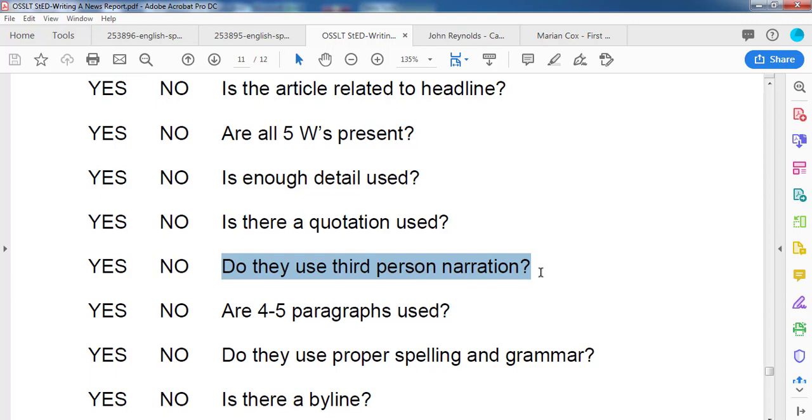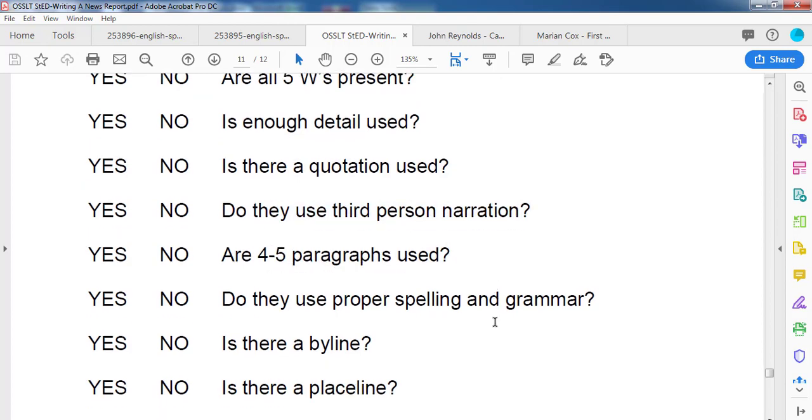You have to use the third person because you are reporting what happened. This is something that did not happen to you. You are the narrator, you are the reporter. This thing happened to somebody else, and that person is telling you what happened, or you simply saw and you are telling exactly what you heard and what you saw.